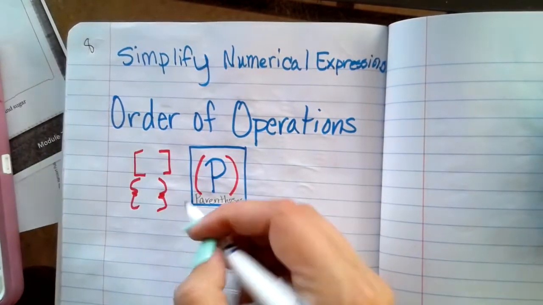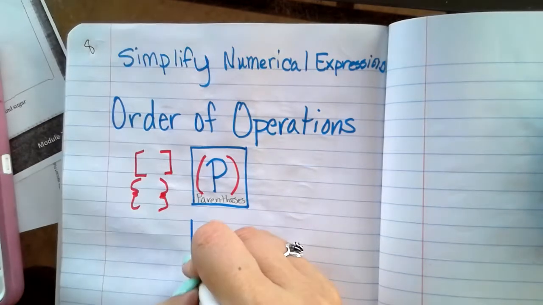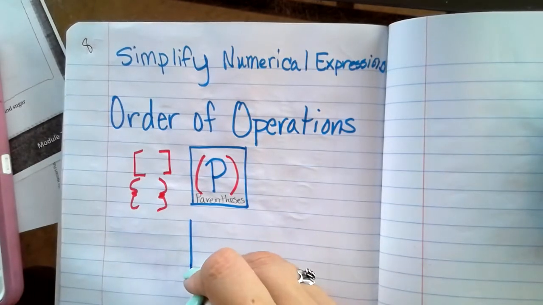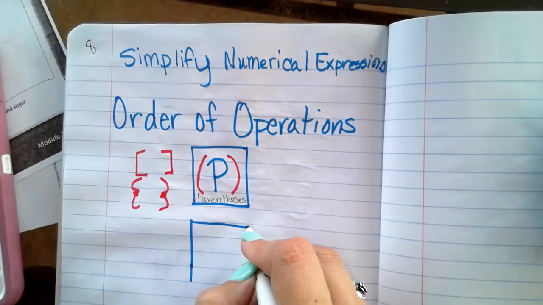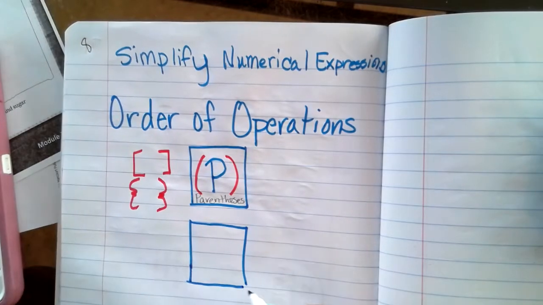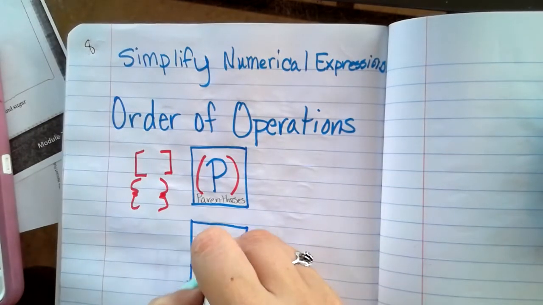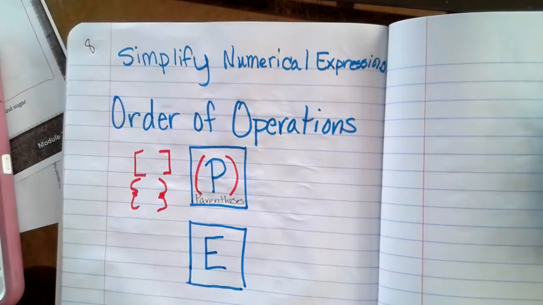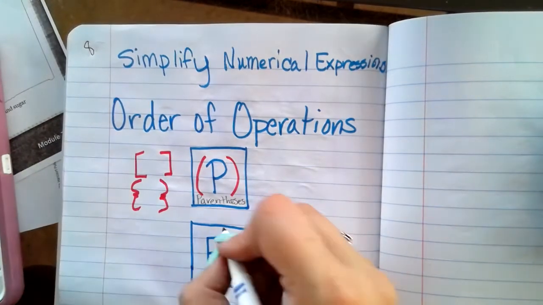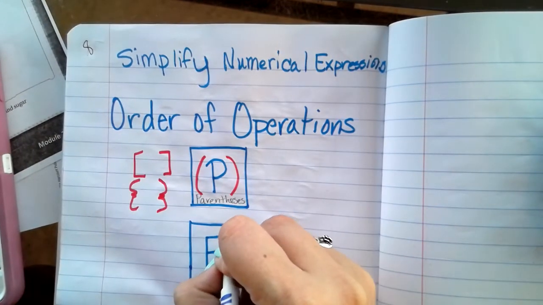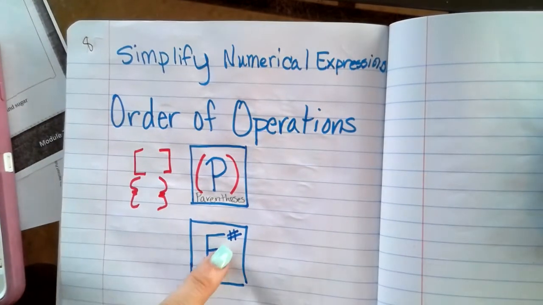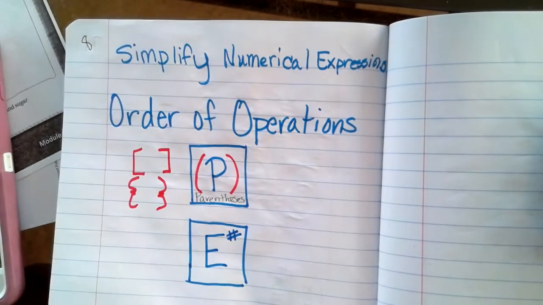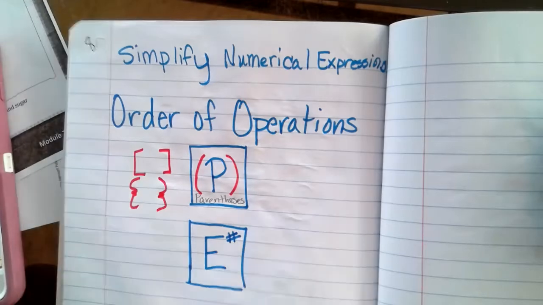All right, go down one and make me another square, about the same size. So I had about 4 boxes. And here I want you to put an E. And then up beside that E, I want you to put a little number sign. The exponent is a little number that sits up there. It could be a 2, a 3. That is an exponent.